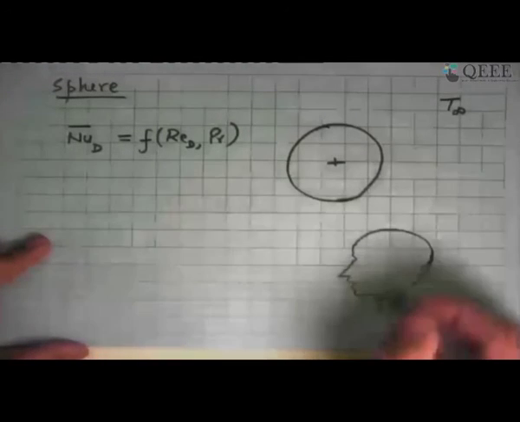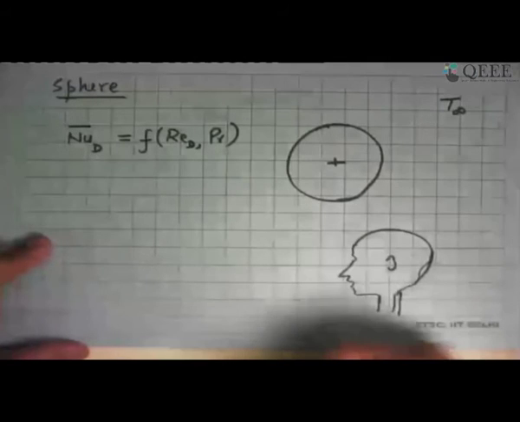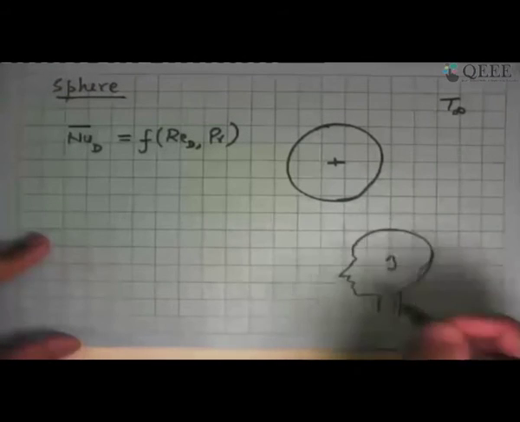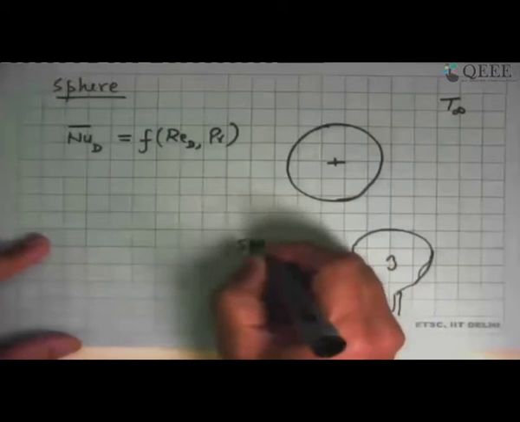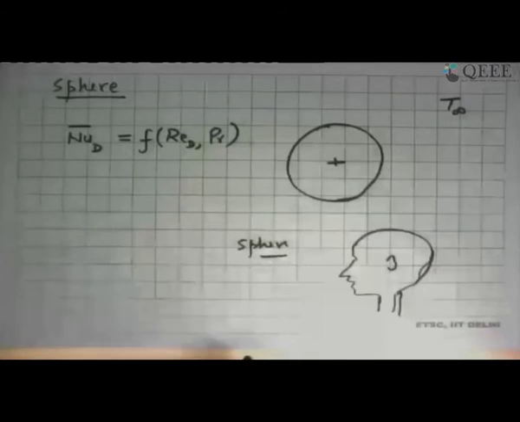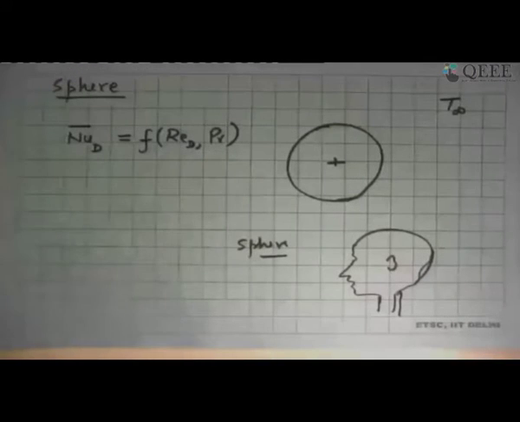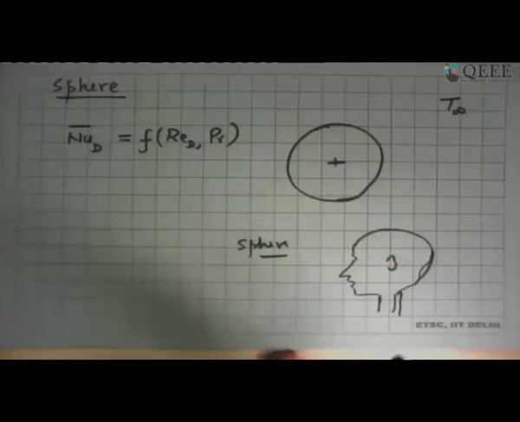So even though this is a very complex shape with an ear sticking out and a nose and a lip and everything else, as a first approximation, we can take this to be a sphere and get some idea of what happens there. So in general, if you have some sort of irregular object, a quick order of magnitude analysis, assuming a sphere, is okay. Okay, so that is for a sphere.